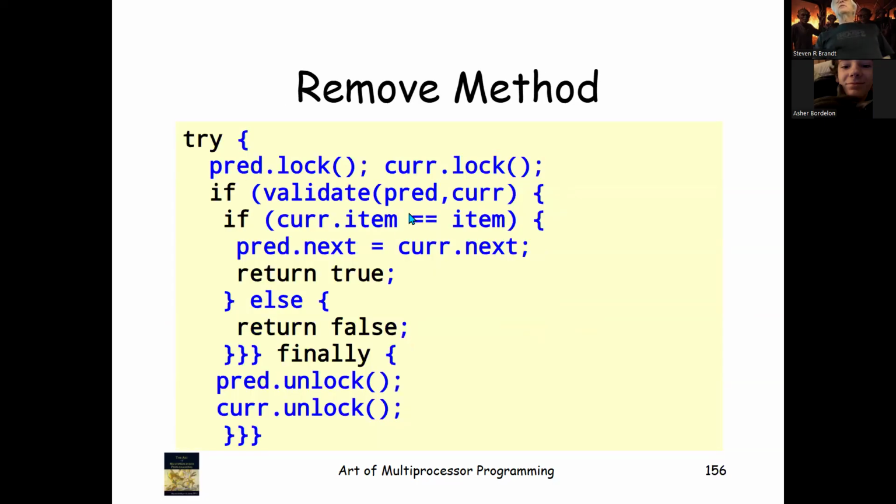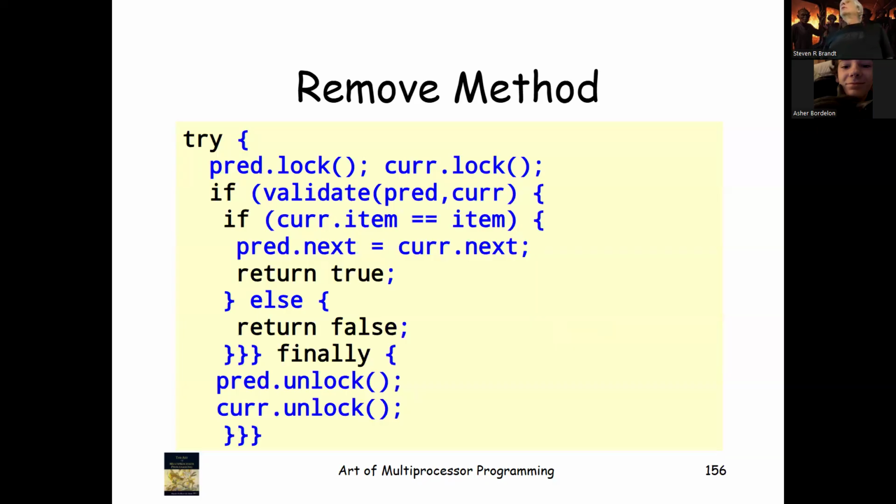We want to get to the predecessor and current that we know we're supposed to have, and validate succeeds, and then we can be done with it. Otherwise, we just keep trying. If it doesn't validate, we'll search the list again. That means something concurrent changed something while it was looking, and it just tries again.